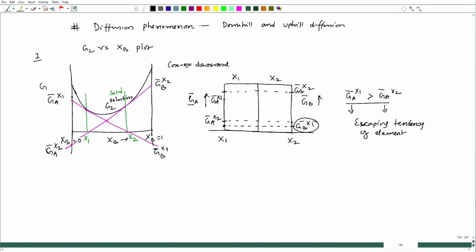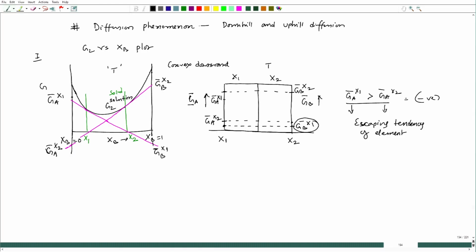Here I could see that the chemical potential of A in x1 is higher than the chemical potential of A in x2. So that means there is a gradient, a negative gradient of chemical potential. That would allow A to escape from x1 and go to x2 at a particular temperature T. These two temperatures are the same.